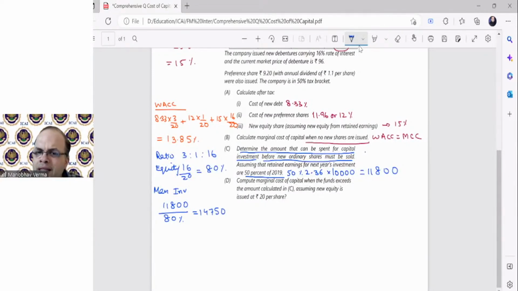This also means that out of 14,750, equity is financed by retained earnings, and the balance of 2,950 can be financed by additional debt or preference shares.